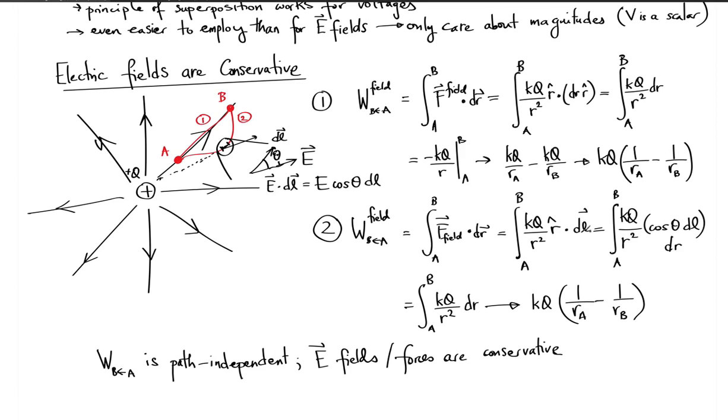When you take the dot product between dl and r hat, you get a cosine theta term times our path length. Because this angle is between the path that we're taking and the radial direction, which is what the electric field is pointing in, this is a projection onto dr, which is purely in the radial direction.